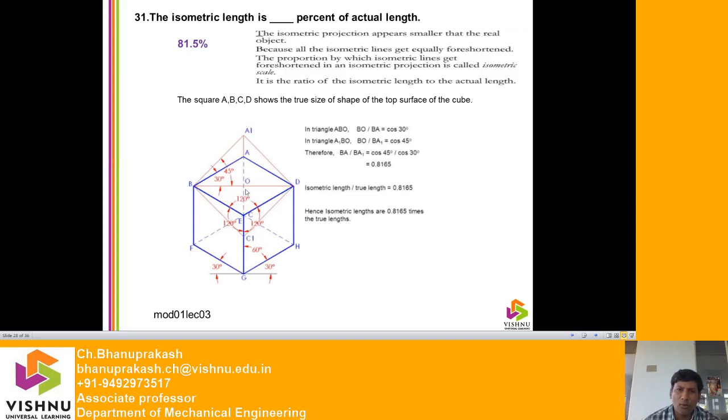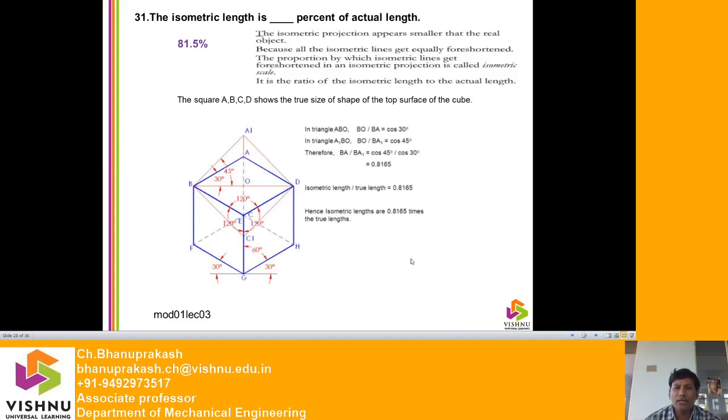Next, BO by BA dash, that is cos 45. Now, what is the ratio? The ratio is BA by BA dash. So what we got is 0.8165. This is the ratio of isometric length to true length, equal to 0.8165. In percentage terms, 81.65, but what are we giving? 81.5%.